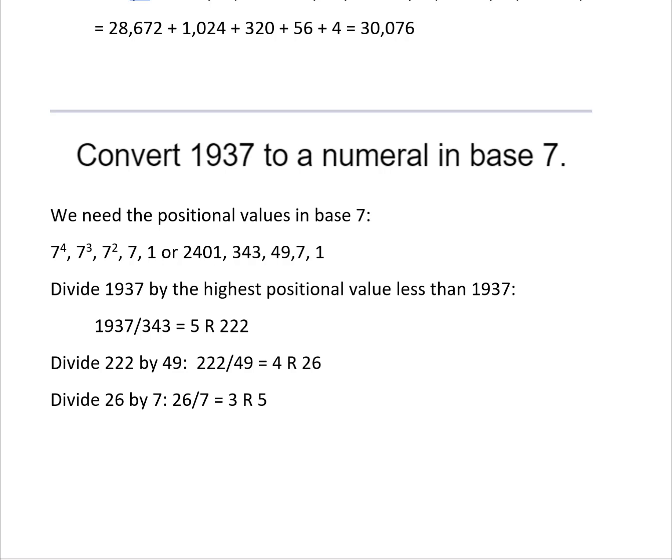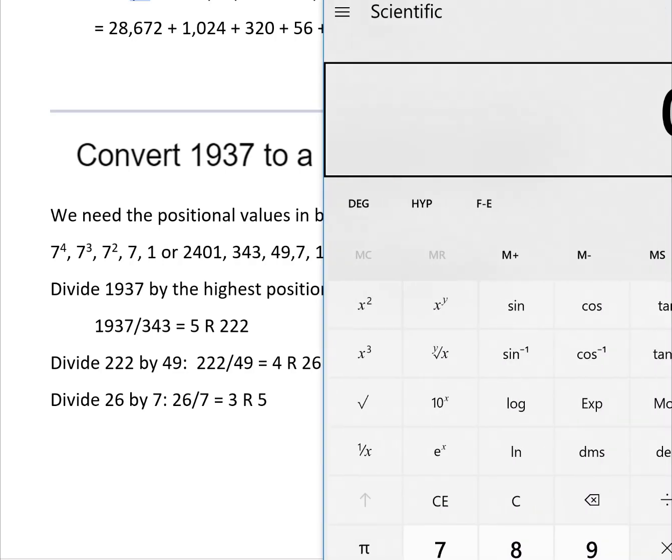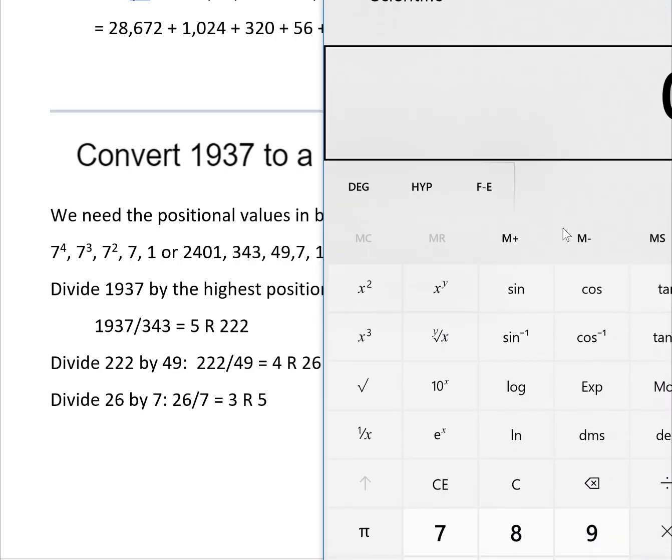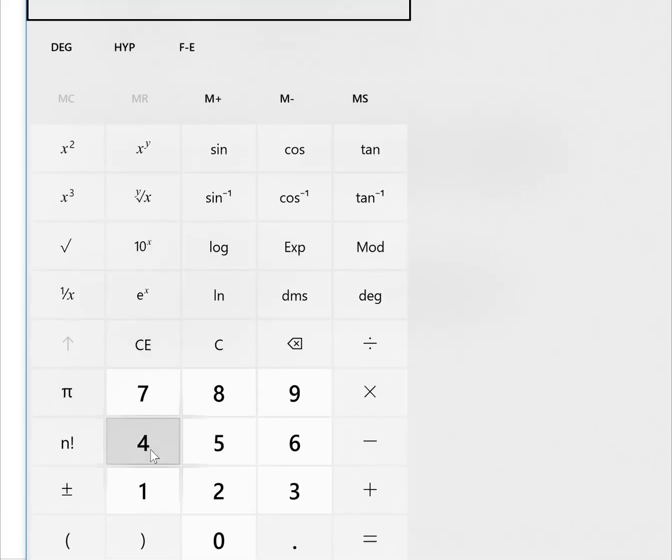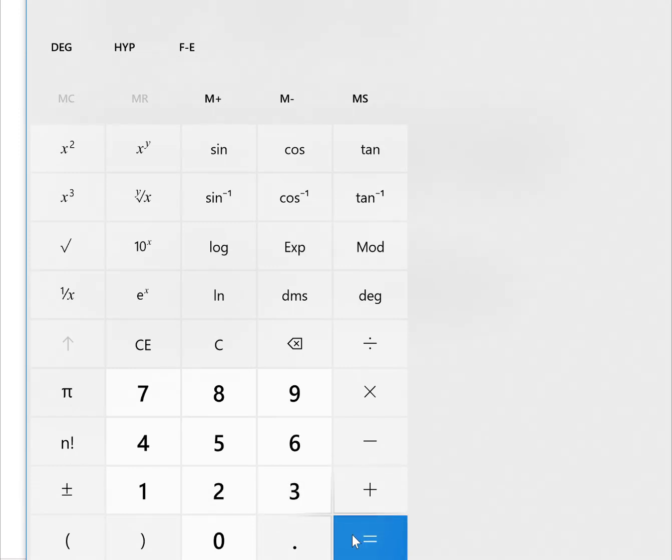So I've got my little calculator here. I'm going to take the 1937 and divide by 343, and I get 5.6, etc. So I need the whole number portion, so it goes in 5 whole times.